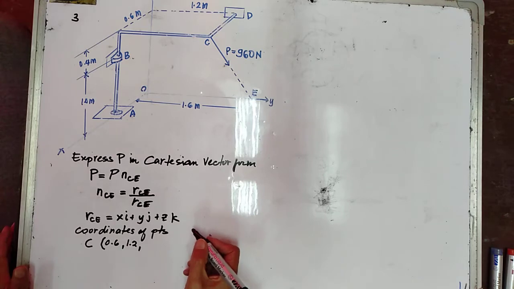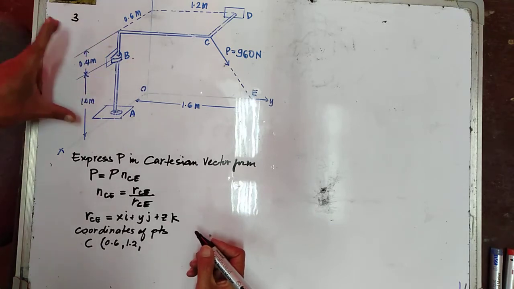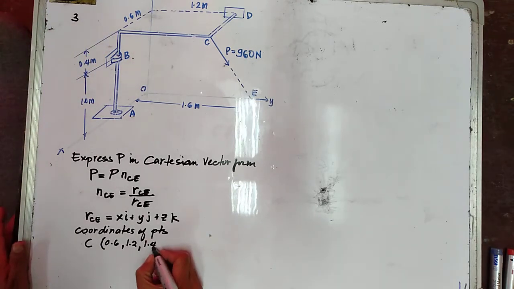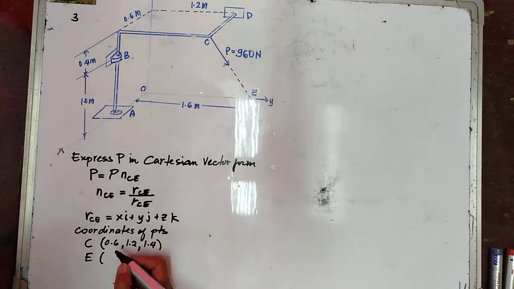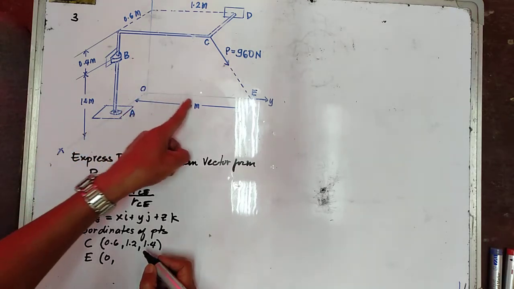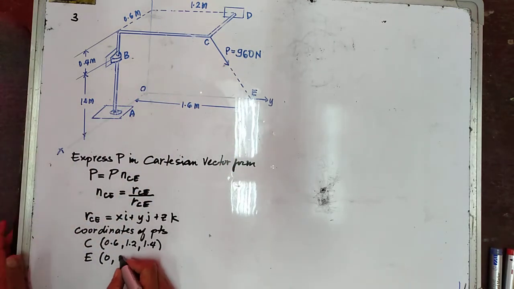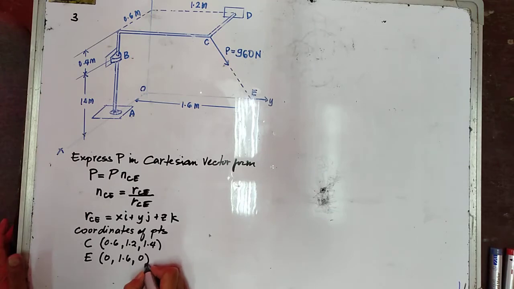And then your z coordinate, so this is 1, that is 0.4, so we have 1.4. And for point E, the x coordinate of point E is equal to 0, the y coordinate is equal to 1.6, and the z coordinate is equal to 0.